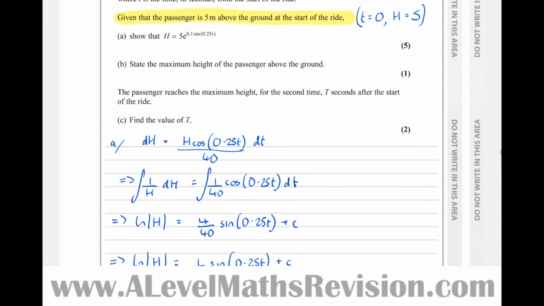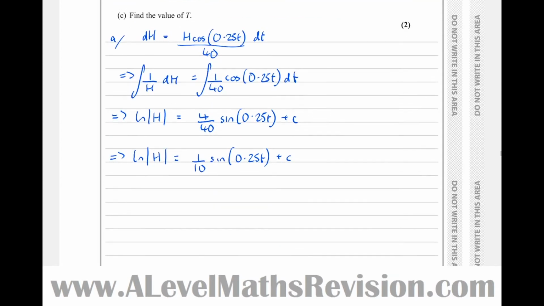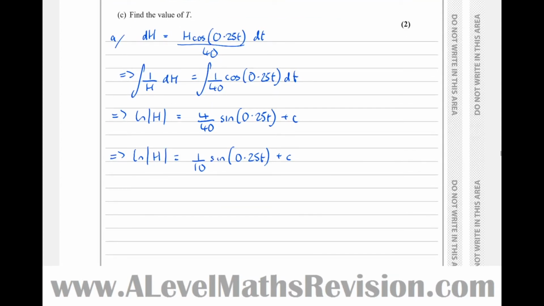So we're almost there. Now we need to find what c is, so we're going to sub in at this point these initial conditions here. So t equals 0, h equals 5. So let t equal 0, h equal 5, which implies that log of 5 equals 1/10 sine of 0 plus c, which means that c is log of 5.